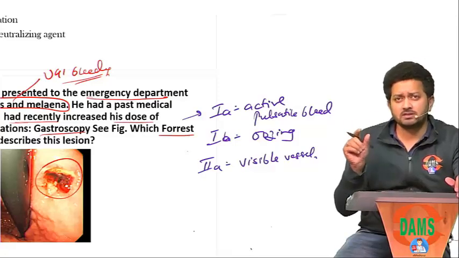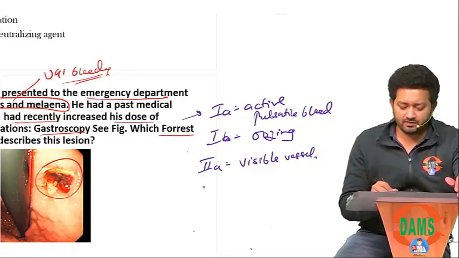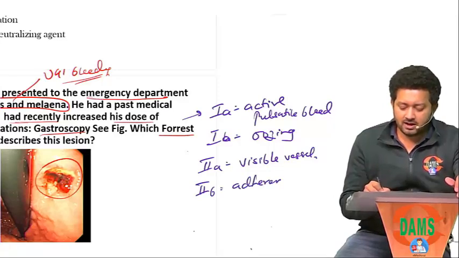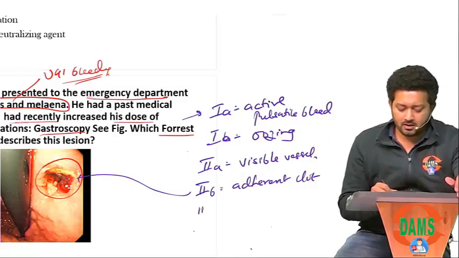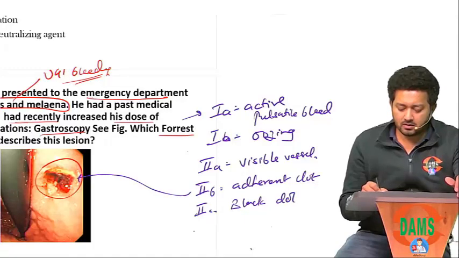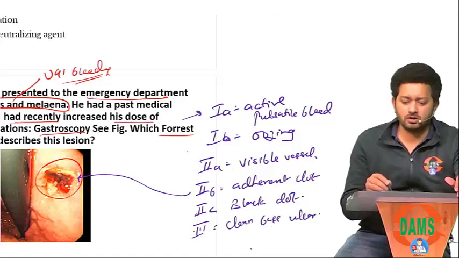You will see a vessel, but it is not bleeding. Visible vessel. 2B is when there is adherent clot, which is actually this. 2C is when there is black dot, and 3 is when it is a clean base ulcer, means there is no vessel, no clot, no dot.